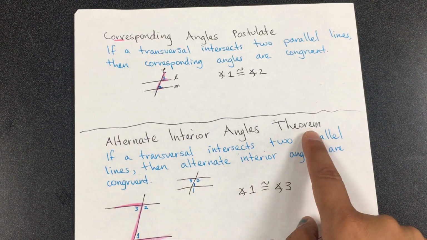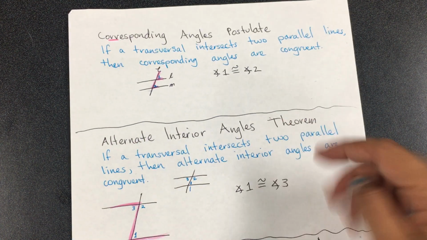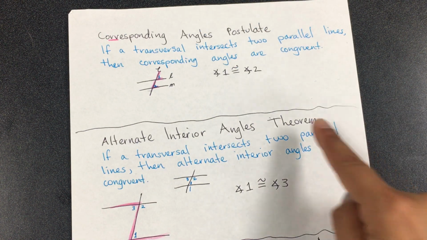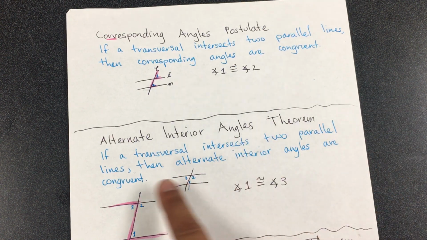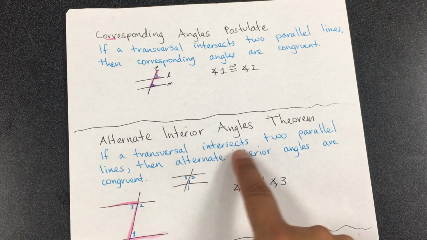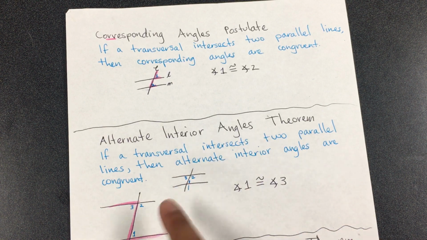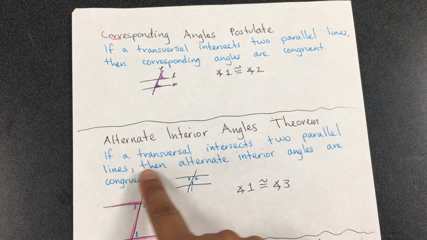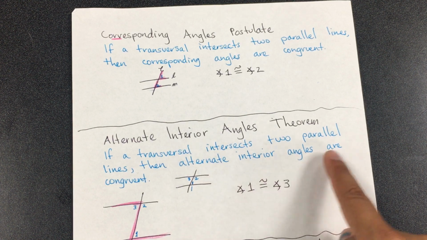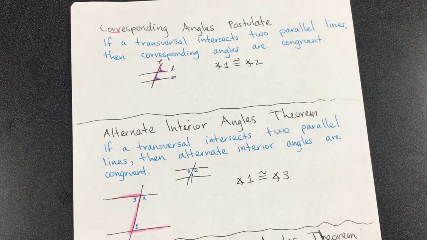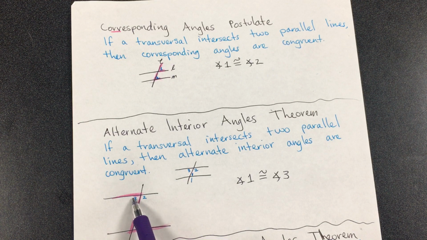Alternate interior angles theorem. Theorem means that you have to do a set of proofs to show that it's true. So it says if a transversal intersects two parallel lines, then alternate interior angles are congruent. And so this is a set of alternate interior angles. Angle 3 and angle 1 are alternate interior angles. Alternate because they're on the opposite side of the transversal.